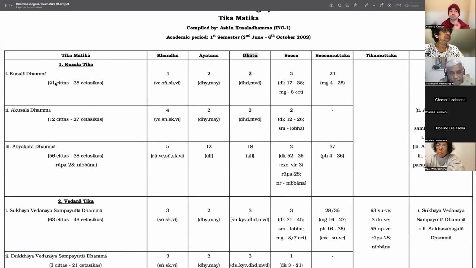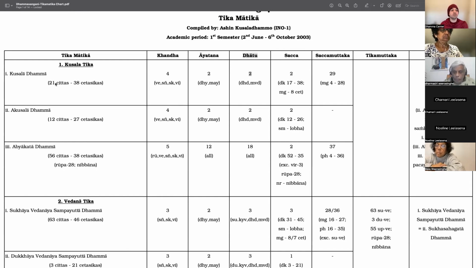Now everyone, keep in the back of your mind, what are the chittas and then chetasikas? Kusala. Khanda. Khanda is Rupa, Vedana, Sanya, Sankhara, Vinyana. So, out of the 5, how many khandas? 4. 4 khandas.